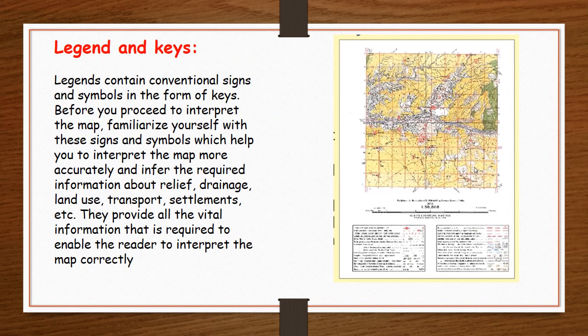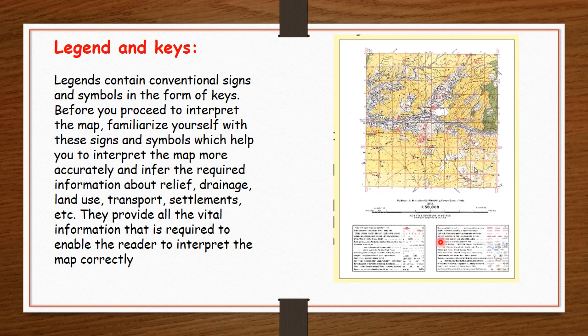Legend and keys. Legends contain conventional signs and symbols in the form of keys. Before you proceed to interpret the map, familiarize yourself with these signs and symbols, which help you to interpret the map more accurately, precisely, and specifically on the survey sheet.